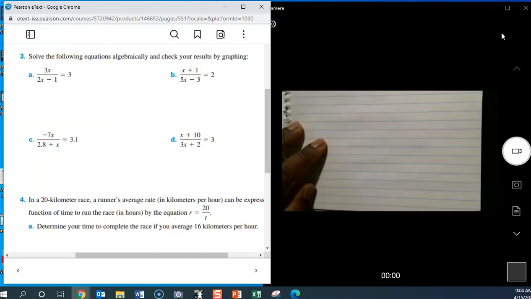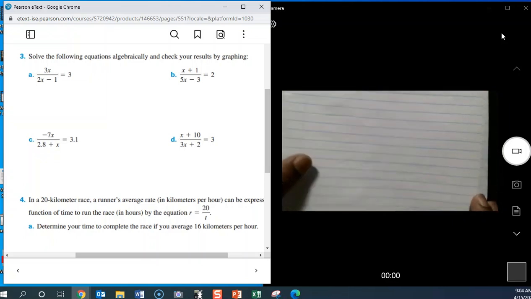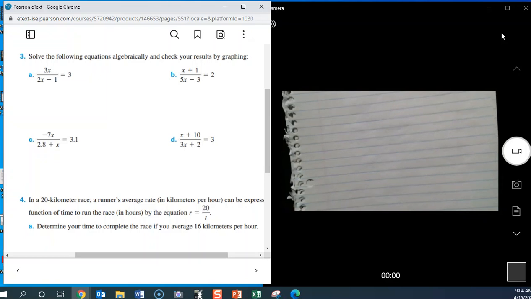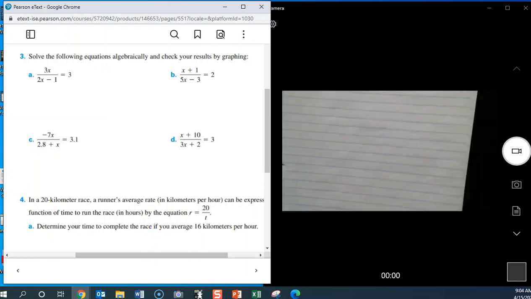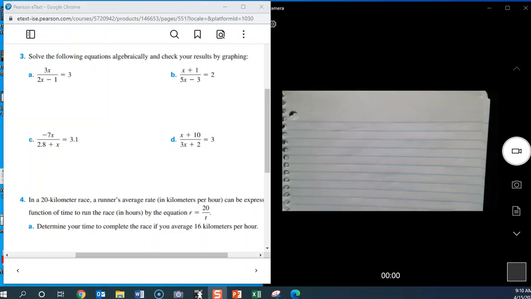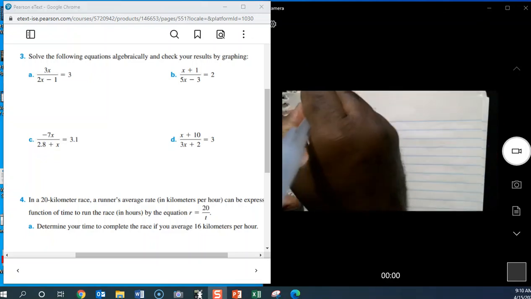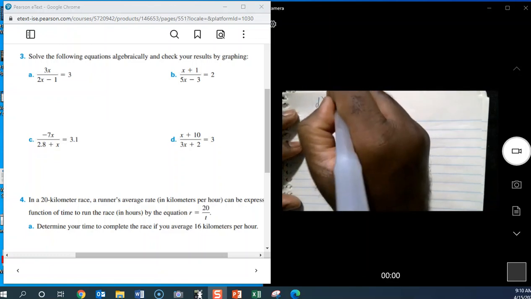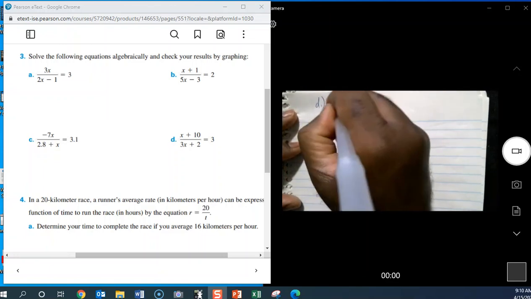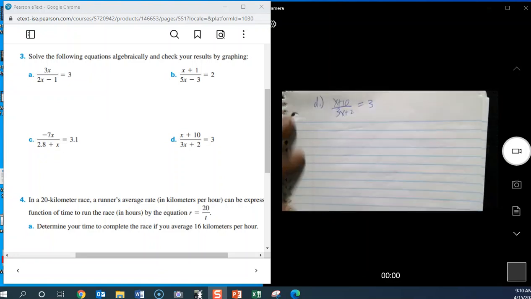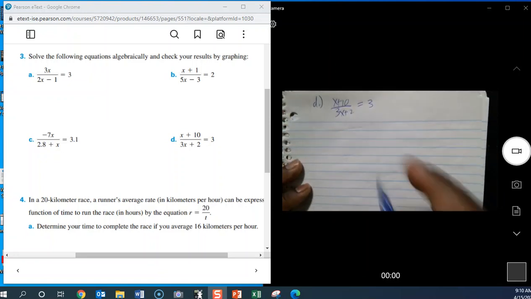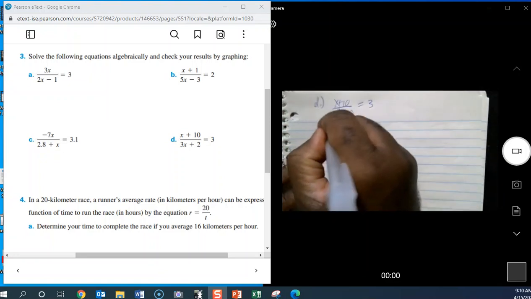All right, now we're going to move on to 3D. We start the same way we did all the rest. We have x plus 10 over 3x plus 2 is equal to 3. So we're going to multiply everything by 3x plus 2.